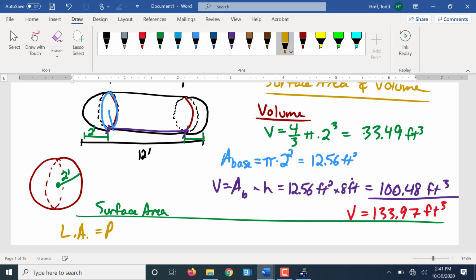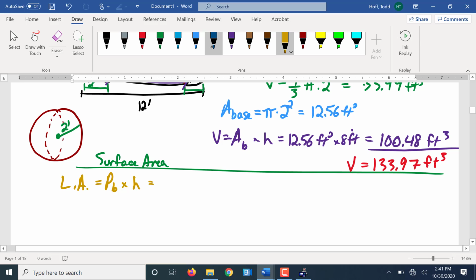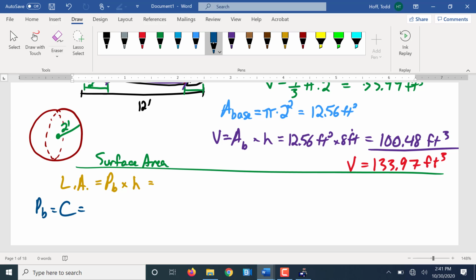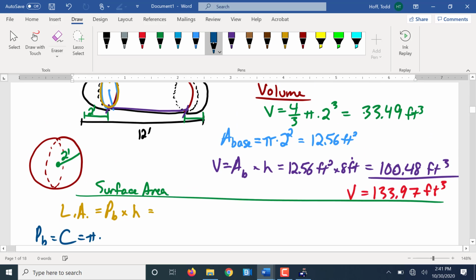The lateral area is the perimeter of the base times the height. Well, the perimeter of the base is the distance around the circle. How do we find the distance around the circle? That's the circumference, which is pi times diameter. Good, and that diameter is 4 feet.